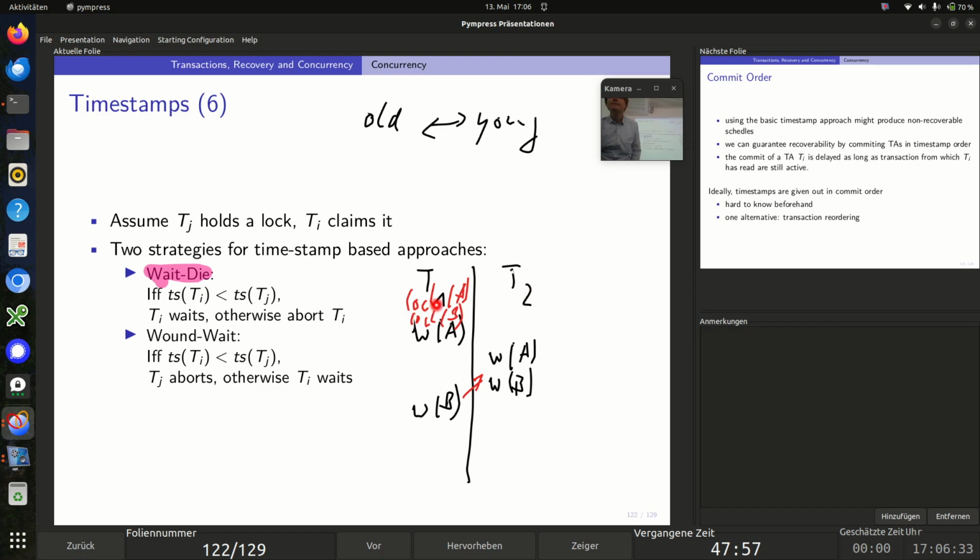So the smaller timestamp is the older one. Yes. So it's always the same: the first one is the older one, the second one is the younger one. The younger, the higher the timestamp. So it's always the same precondition, but then either the older one waits in wait-die, or the older one aborts the younger one.